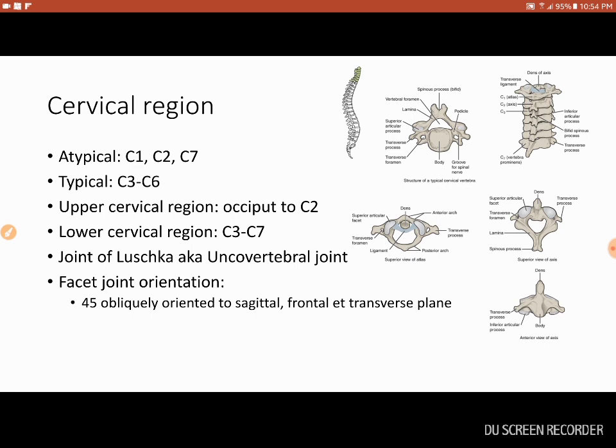So basically, there is a large range of motion in flexion and extension, lateral flexion, and rotation in the cervical region.